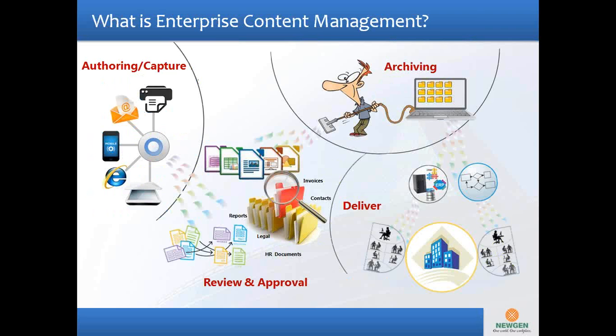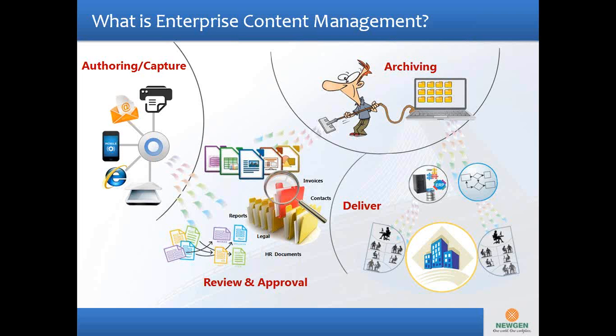So now let's understand what enterprise content management is all about. Managing content effectively means considering its full life cycle. Acquisition and capture would mean either authoring the content or acquiring it from various different sources. Review and approval is the processing of that content.